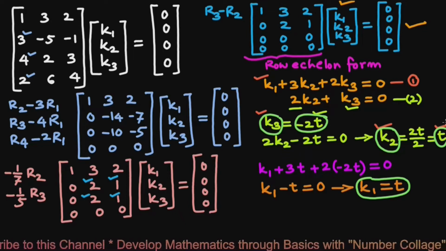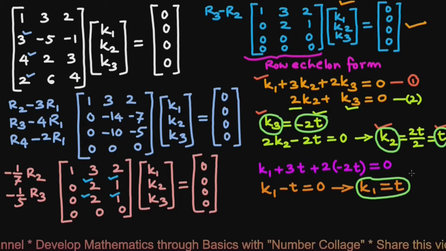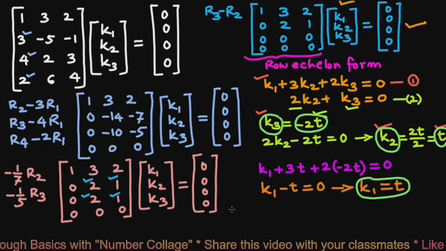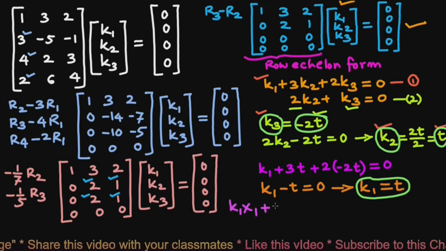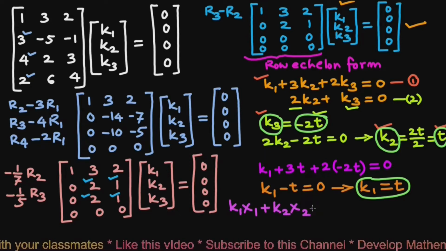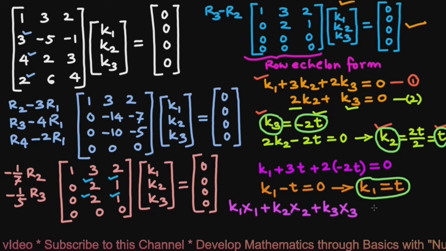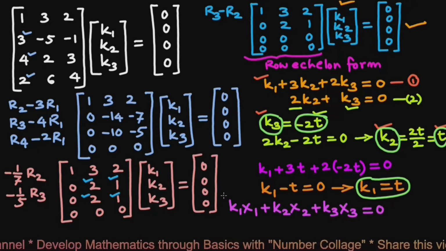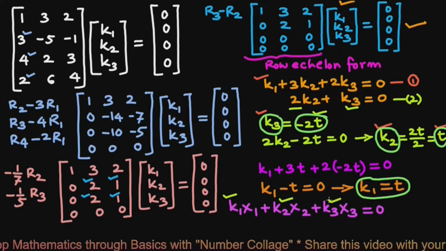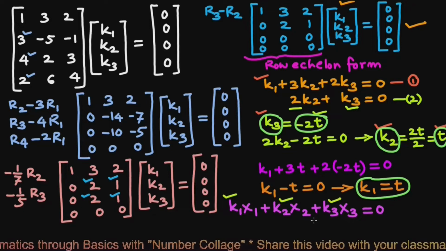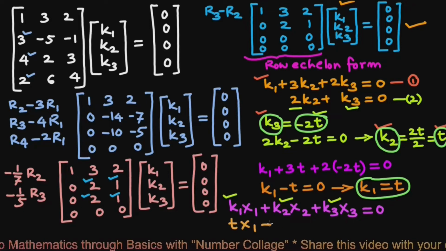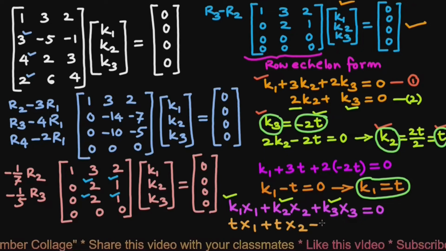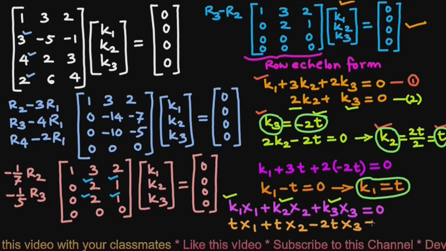Now we will substitute these values in the equation which we have written in the beginning, which goes like this: k1 x1 plus k2 x2 plus k3 x3 equals 0. Now putting the values of k1, k2, k3 that we have found out in this equation, we get t x1 plus t x2 minus 2t x3 equals 0.